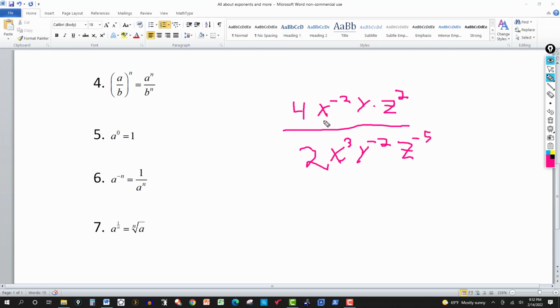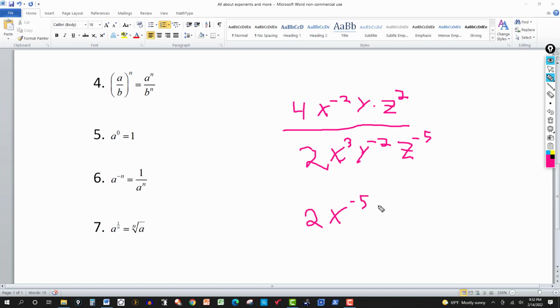They don't want negative exponents. Now, as long as this is all multiplication, you can still follow the rules. Look at the x's. Look at x to the negative 2 over x to the third. Subtract the exponents, that'd be x to the negative 2 minus 3. First the numbers, 4 divided by 2, that's just 2. Bring down the base. And then here I would say negative 2 subtract 3, that's negative 5.